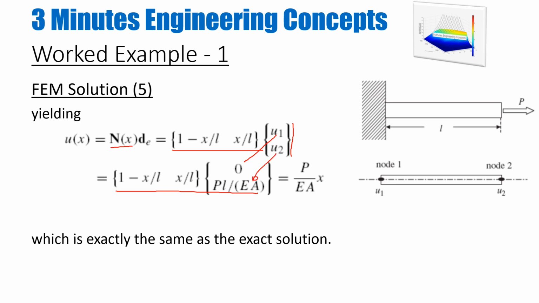When I solve this displacement equation, which means this term times this plus this term times this, this term times this becomes 0, so I will only have P over EA times L, and then I have X over L here, so L cancels out and I have P over EA times X. And if you remember, this was the exact solution as well. So my FE solution and my exact solution lead to the same result in this case, and now I know the displacement at each spot, it shows a linear dependence on X, and I also know the maximum one.